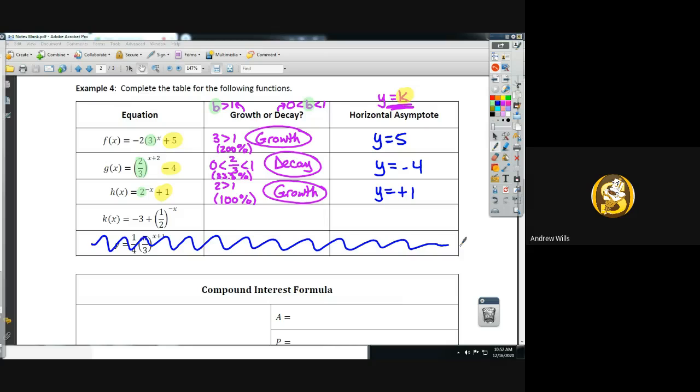No, never mind. We'll go ahead and look at it. It's easy. We'll look at it anyway. Okay, try those last two. Find the base, identify them as growth or decay, and then we'll talk about the asymptotes.